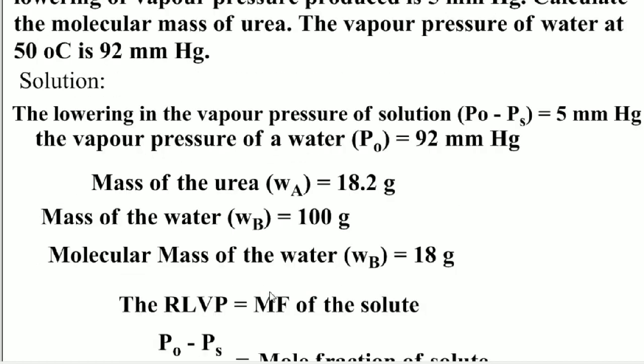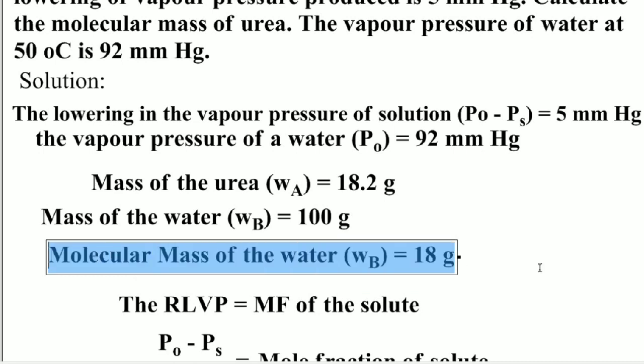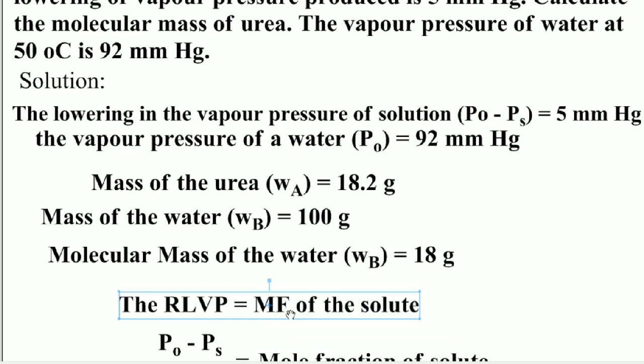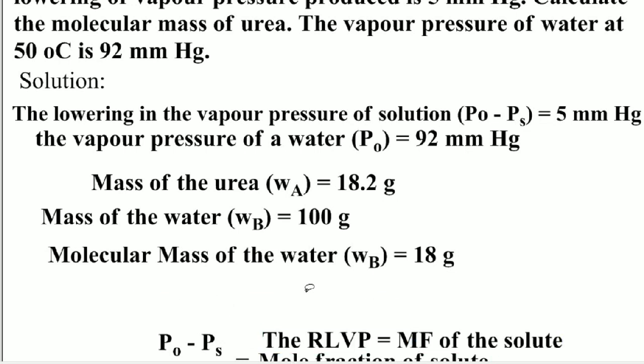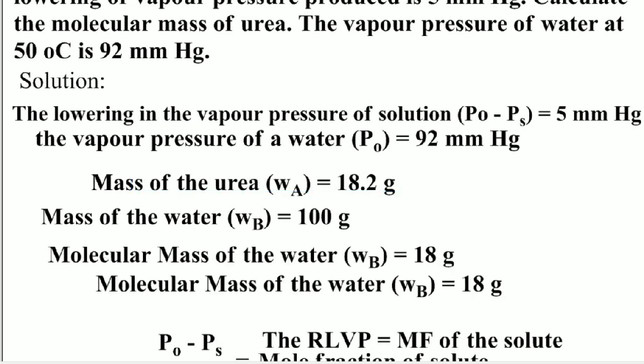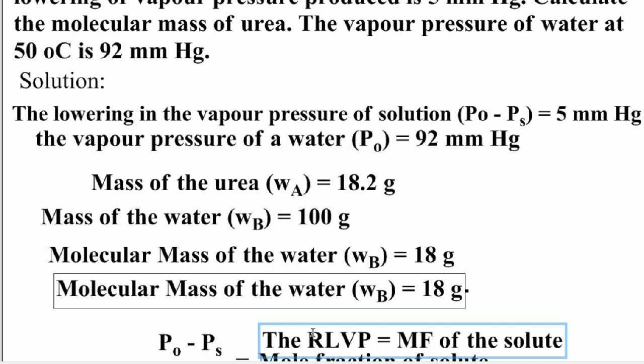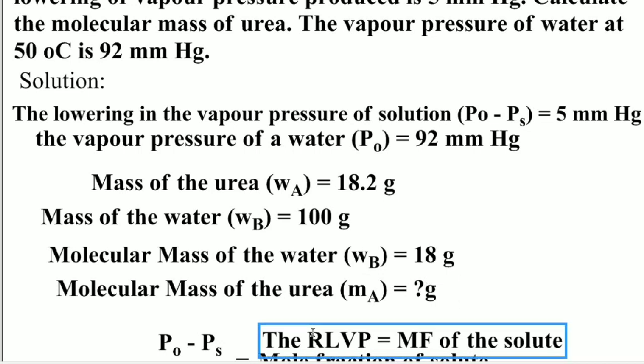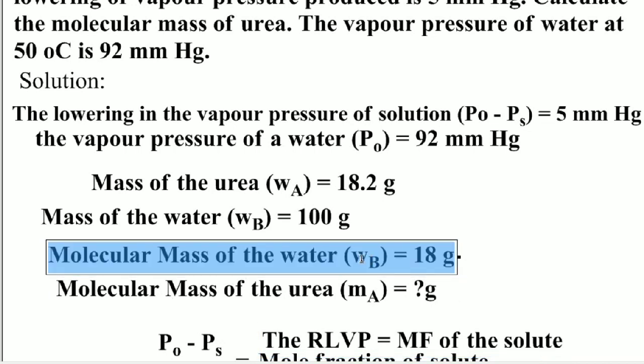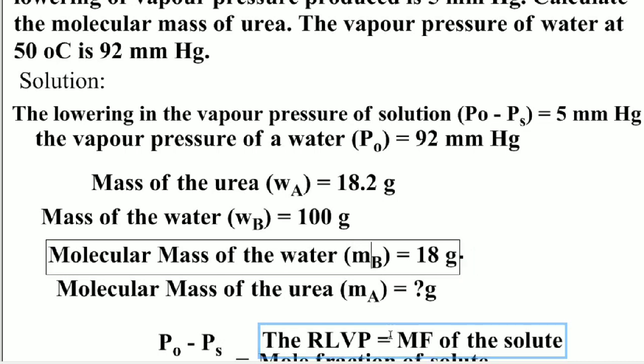In the given problem, we should find the molecular mass of the urea. Molecular mass of urea is Ma, and the molecular mass of water Mb is equal to 18 grams.